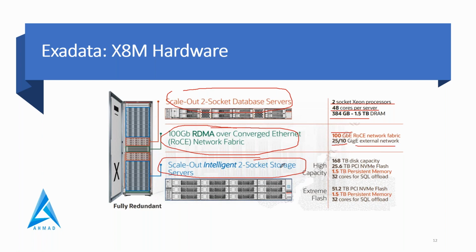And for the storage, it has 168 TB disk capacity, 1.5 TB persistent memory, and 32 cores for SQL offload. So these three features are inside your Exadata X8M hardware. Suppose somebody asks what is Exadata X8M, you can say that it has database server, it has network, it has storage.